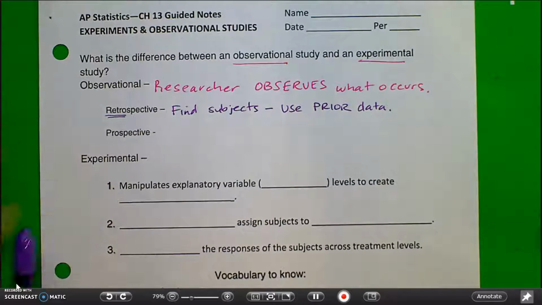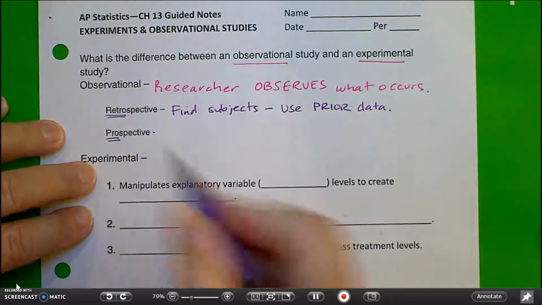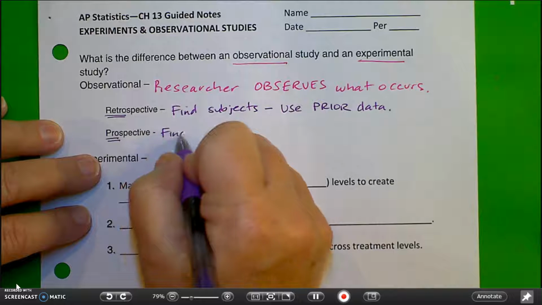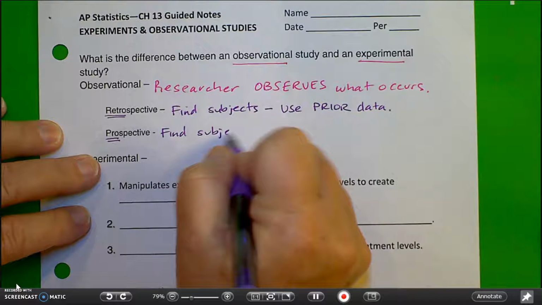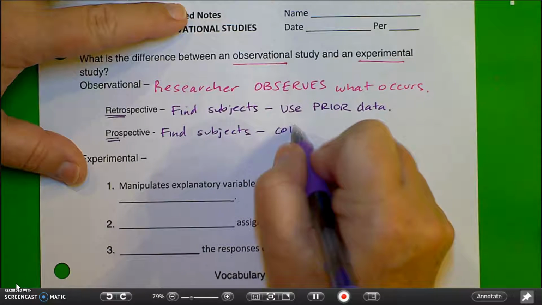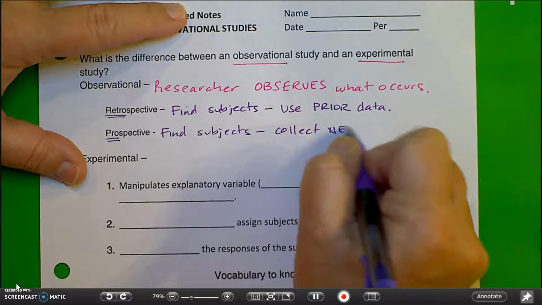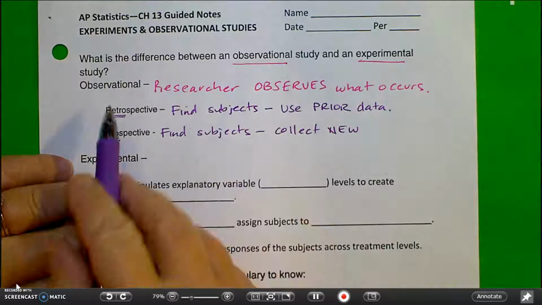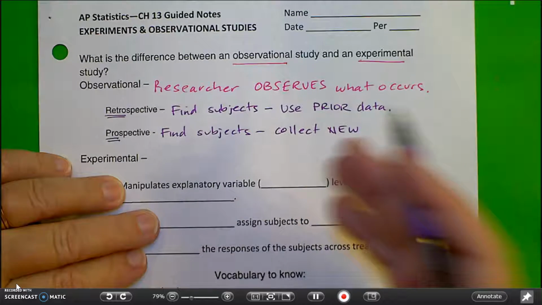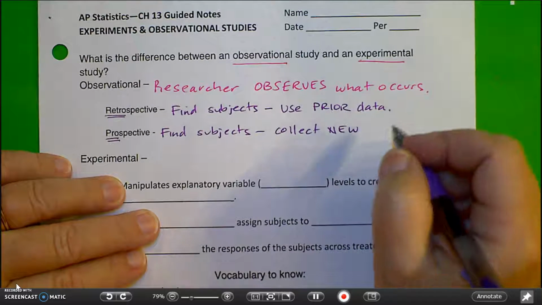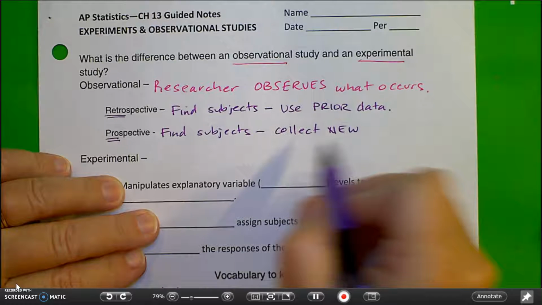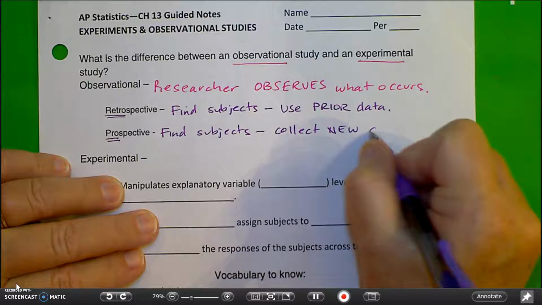On the other hand, a prospective study is looking into the future. You find the subjects you're interested in for your study, and then you collect new data as time progresses. So you're actually observing them, but it's not historical data; you're collecting new data on what you're interested in.